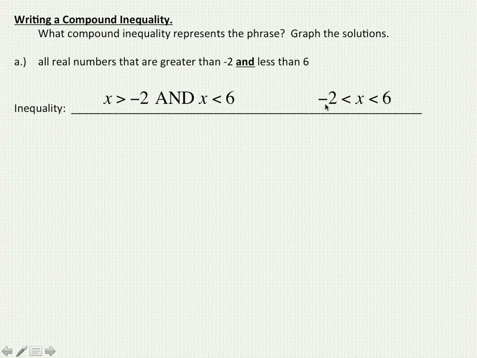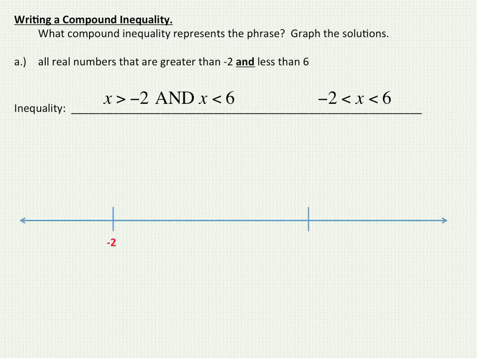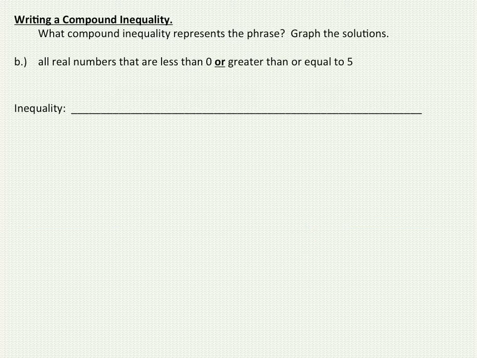So x is between -2 and 6. Literally, look at it: x is in between -2 and 6. It's more than -2, it's less than 6. The picture would be real simple. There'd be a dot at -2 and a dot at 6. Open circles, because there are no equal signs. Shade the middle. All and graphs are the middle shaded in.